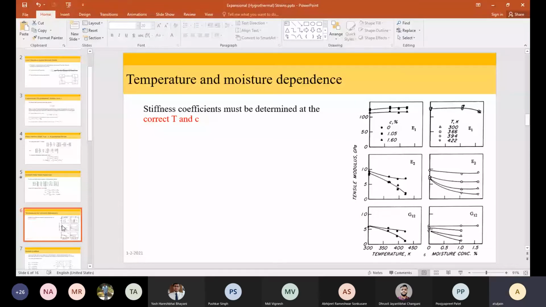Can anybody look at these plots and guess whether this data is for carbon fiber composite materials or glass fiber composite materials? If this chart is given to you and you have to guess, what is your answer? Carbon fiber composite. Why? E1 and E2 are very much different.